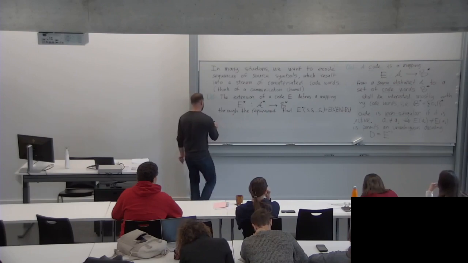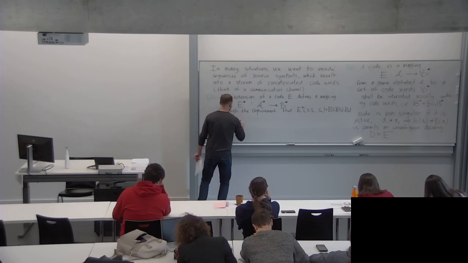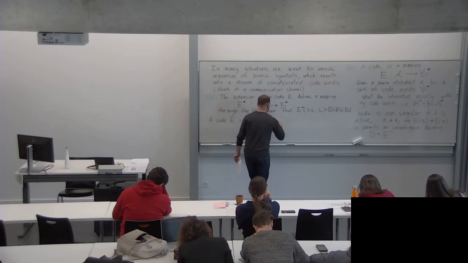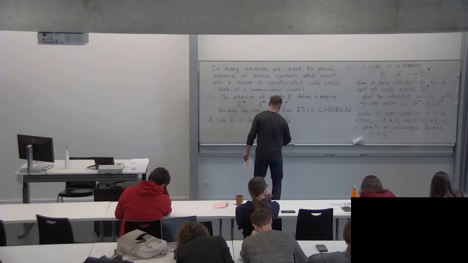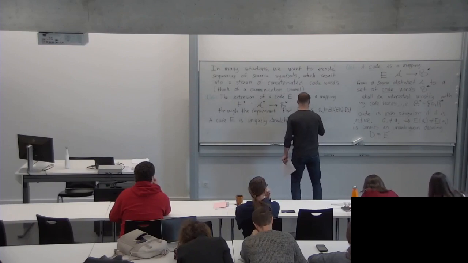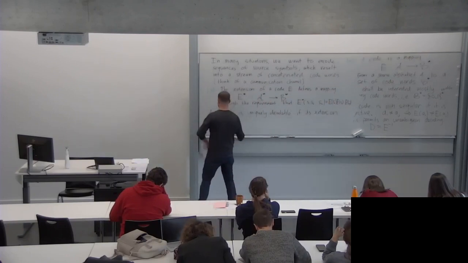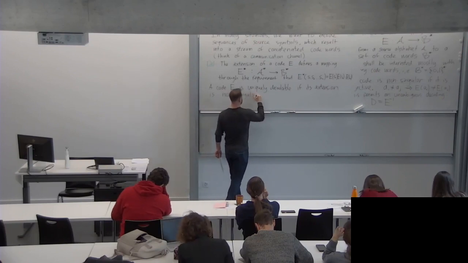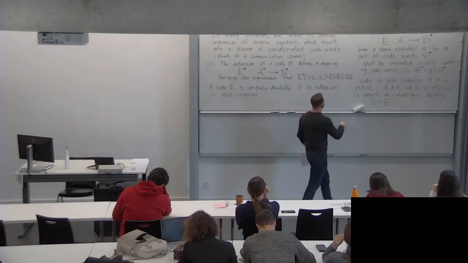I'm still in definitions. A code E is uniquely decodable if its extension is non-singular. What does that mean?